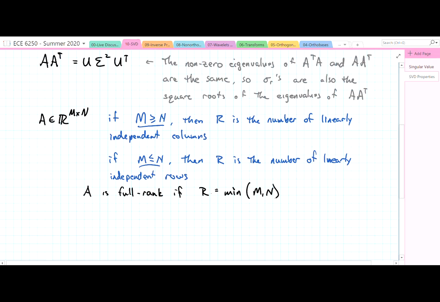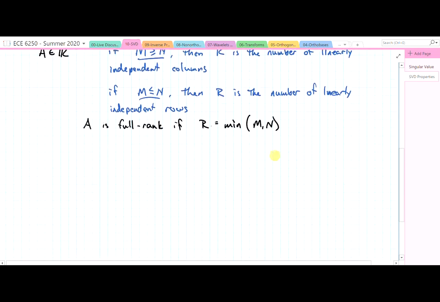So let's look at some examples and how this actually applies. So let's assume we had a tall, skinny A, well, we'll have a tall, skinny U, a small sigma, and potentially a short, fat V transpose.